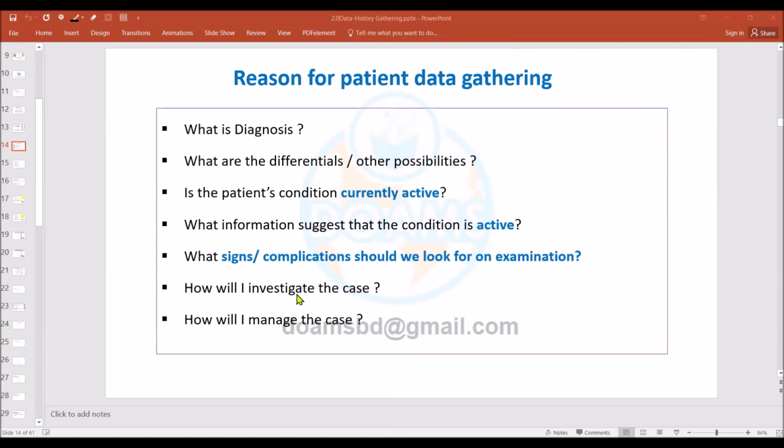We already discussed the examination skill, investigation skill, as well as management skill, including the referral skill. There are many other small skills as well. Those who are using our basic module can easily understand it.